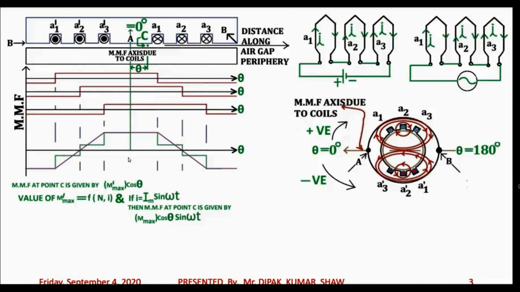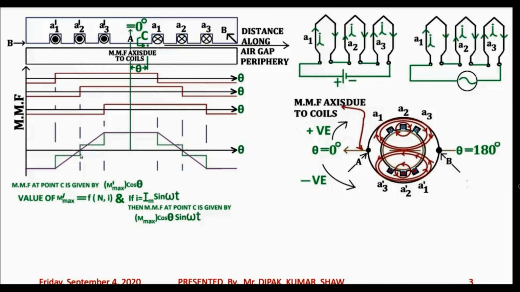Now once we have applied the Fourier series and expressed the trapezoidal MMF distribution by a summation of a large number of sine waves, and after that neglected the space harmonic MMF waveforms, we only take into consideration the fundamental MMF waveform. So what do you find?